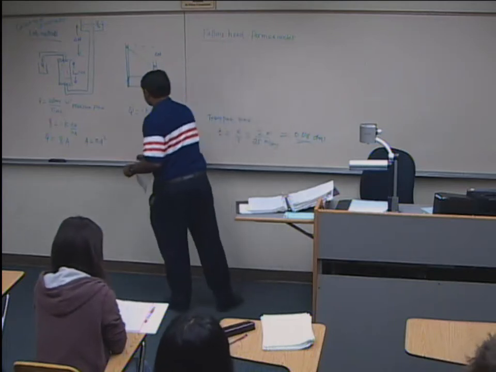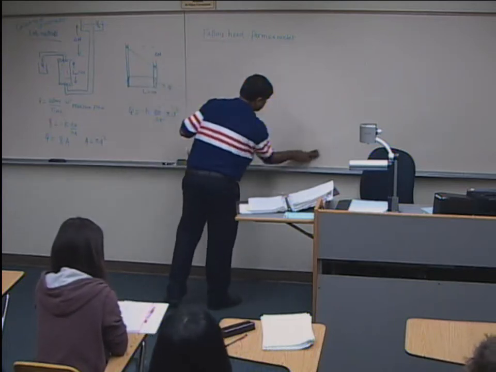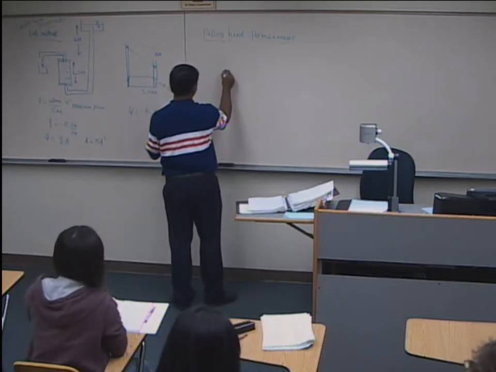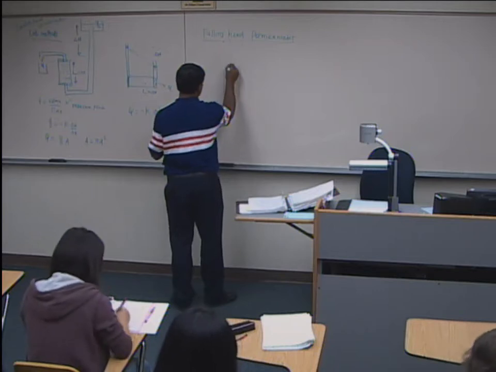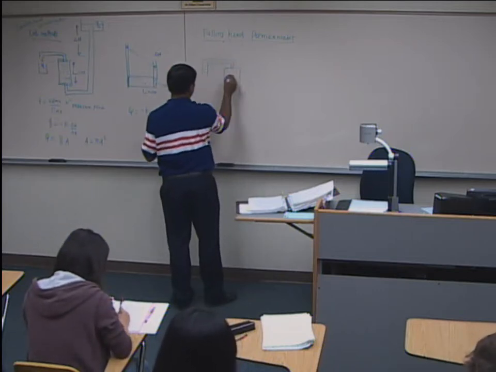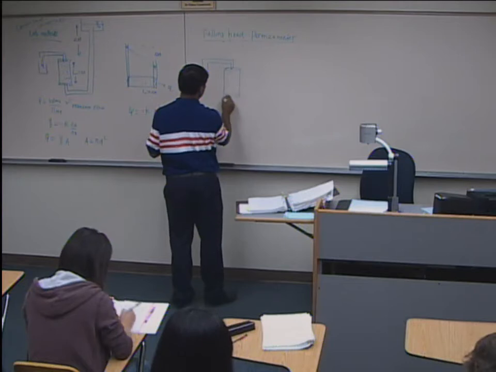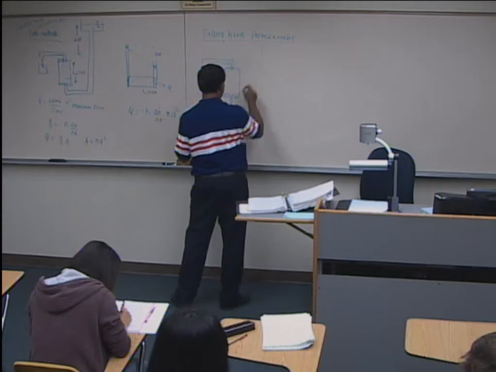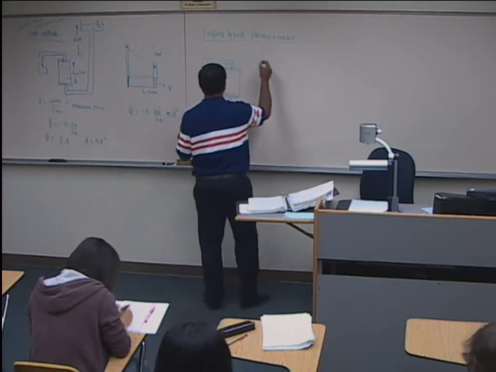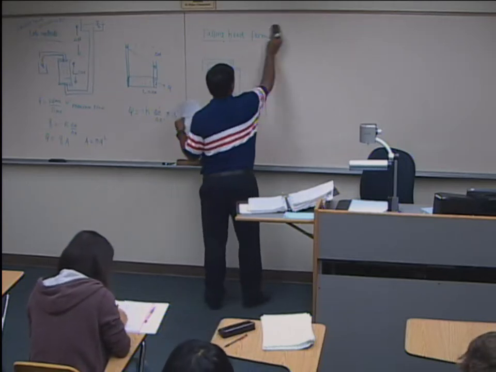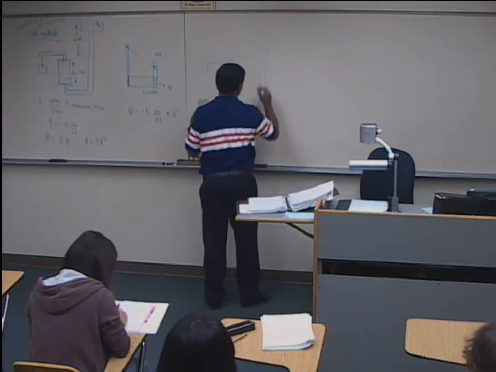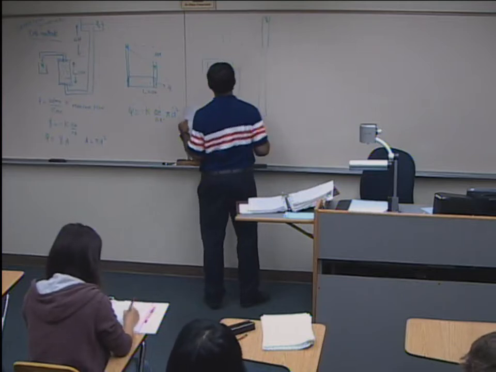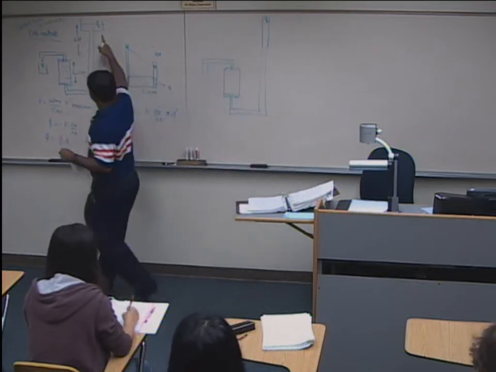The falling head permeameter has got a very similar setup, except you would have a sample, the pipe, inlet, okay. What you do here is take this out. Now here, this is constant.